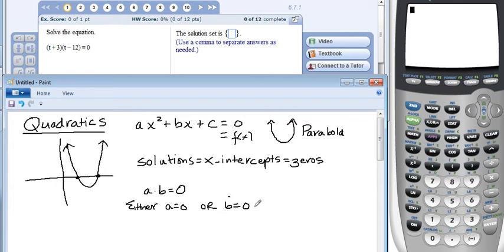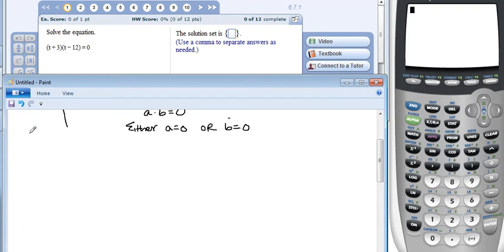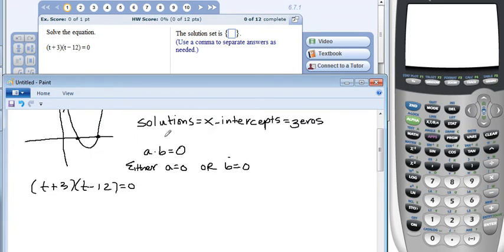All right? So let's take a look at what we have up there. We have t plus 3, t minus 12 is equal to 0. Do I have this situation right here? Do I have two things multiplied is equal to 0? I think I do. I have this as a product times this.